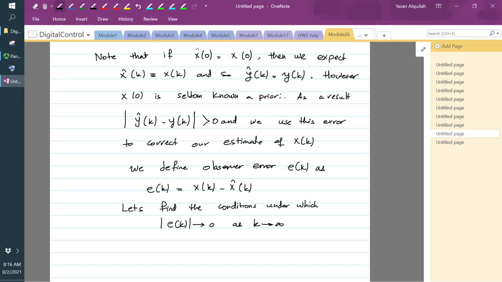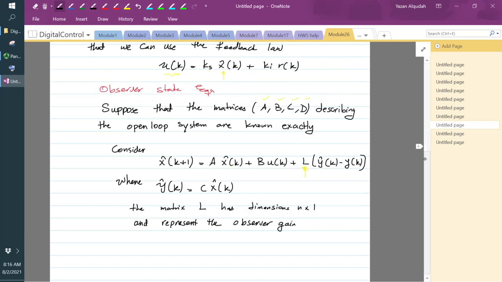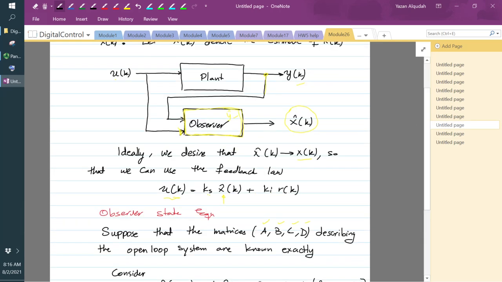We're starting with both of these systems exactly the same. This is the plant. I have A, B, C, D of the plant, the input, and the initial conditions. Then if I run this and I run this, they should exactly match.